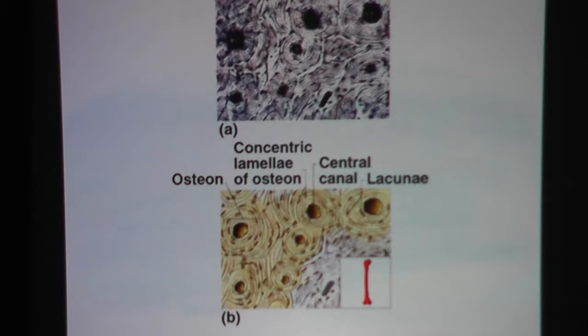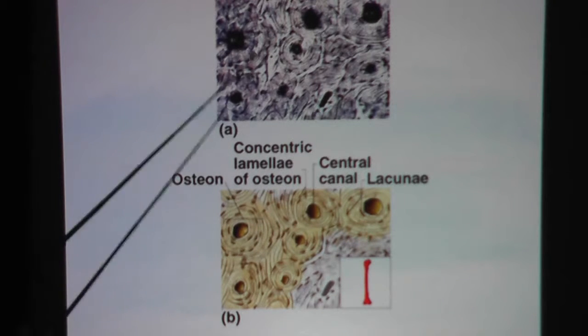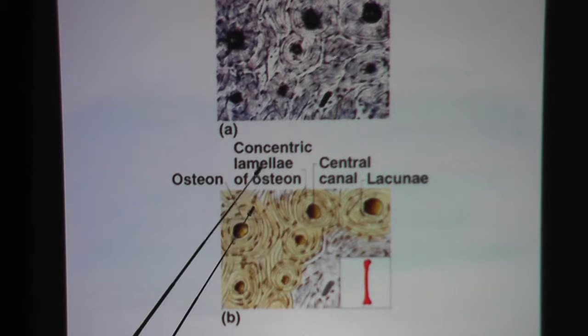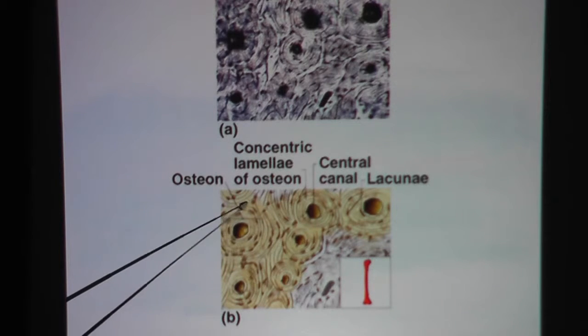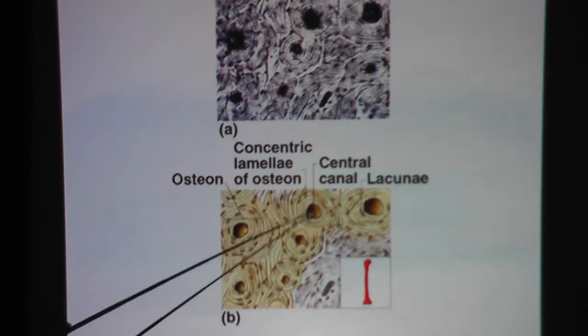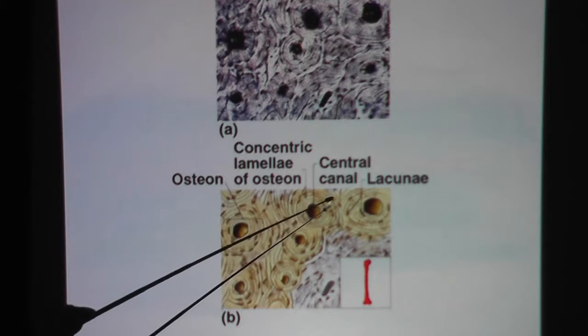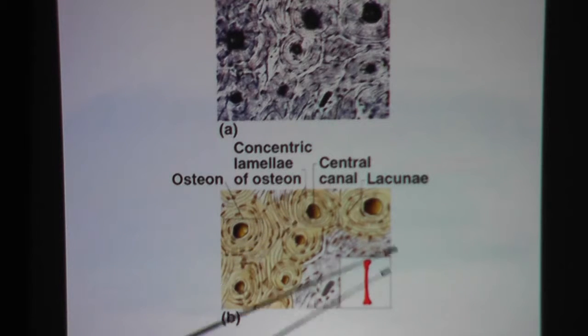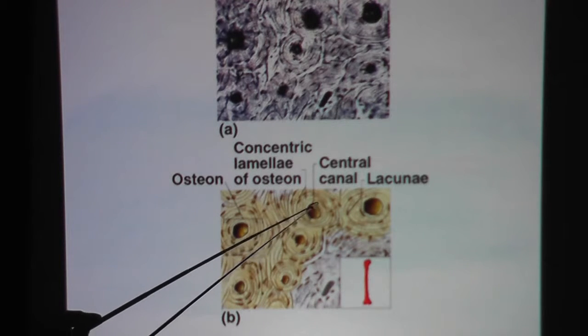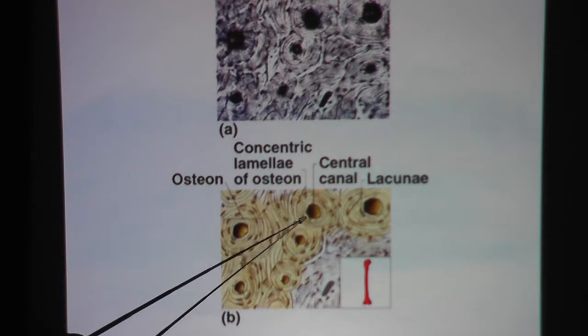Okay, here's a drawing of the same image, but let's look at the drawing because it's easier to see. Once again, each of these circular systems is an osteon. In the middle of the osteon is the central canal. And around the central canal are rings. It looks like a tree that got chopped down.